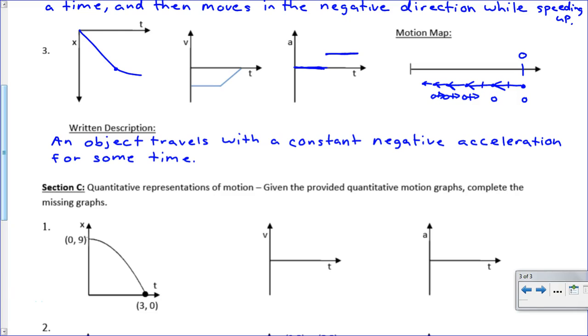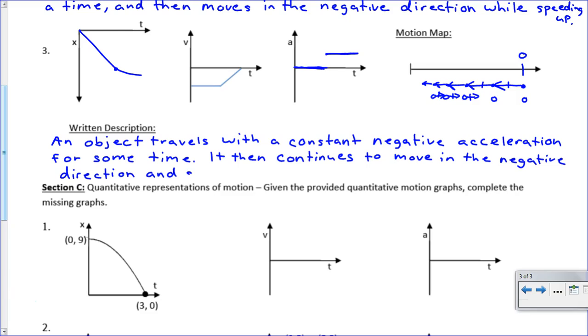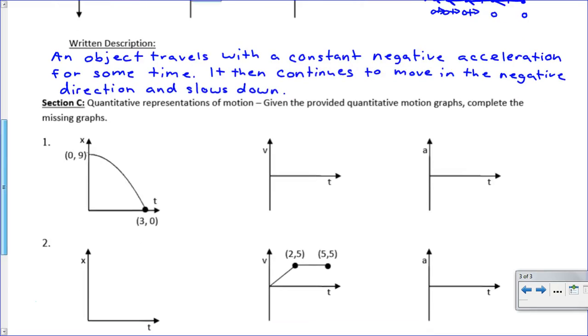Okay, and then after that, it then continues to move in the negative direction and slows down. Okay, that's how that one goes.